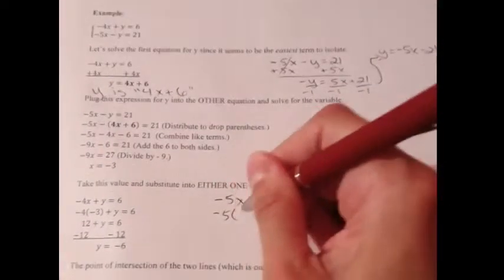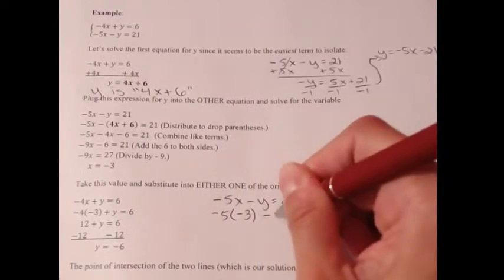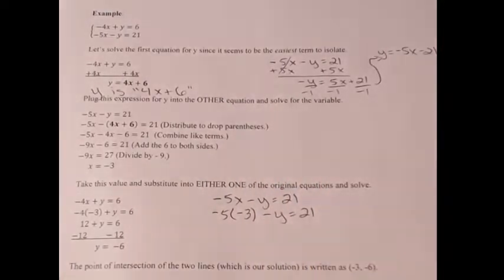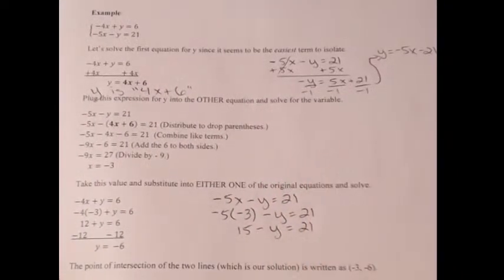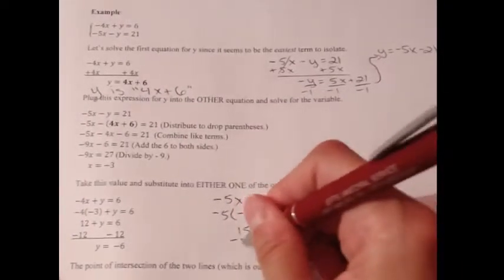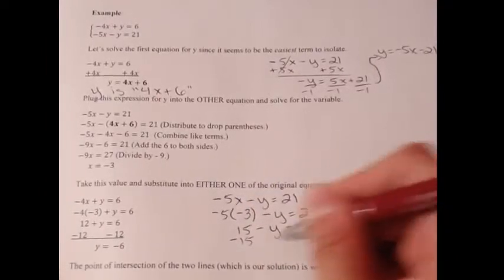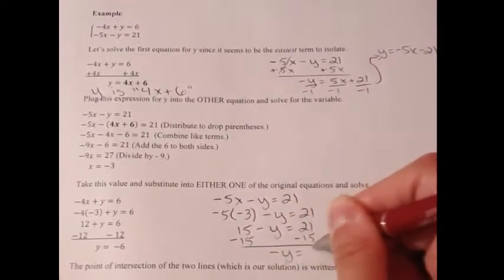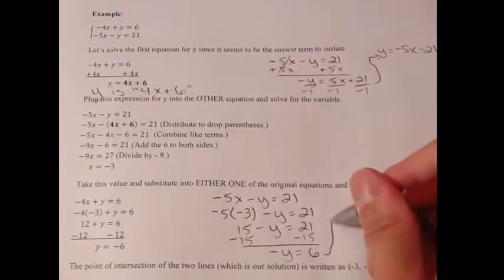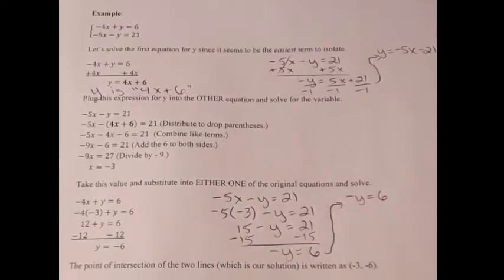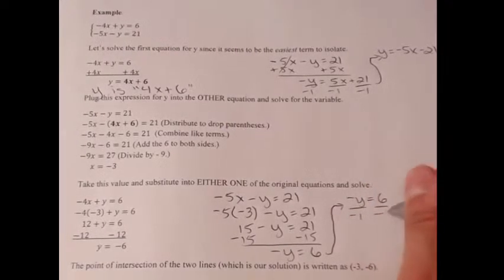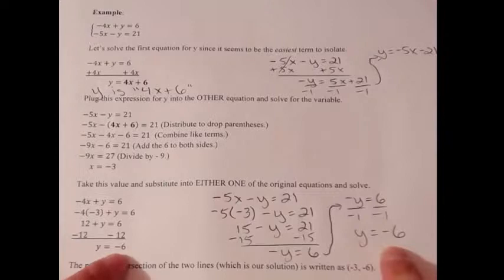So negative 5 times negative 3 minus y is equal to 21. Negative 5 times negative 3 is a positive 15 minus y equals 21. Subtract 15 from both sides. Negative y is equal to 6. And then, if negative y is equal to 6, we divide both sides by negative 1. And what do you know? We get that y is equal to negative 6.